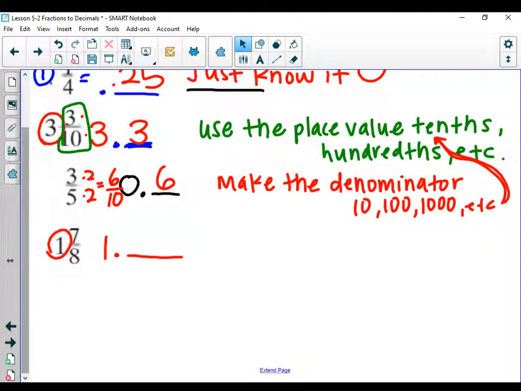Fourth strategy. Usually in a full class that's standing in front of me, 2 or 3 people know the eighths as a just know it number. Everyone else gets bummed out because there is no eighths place and 8 cannot be turned into 10 or 100.